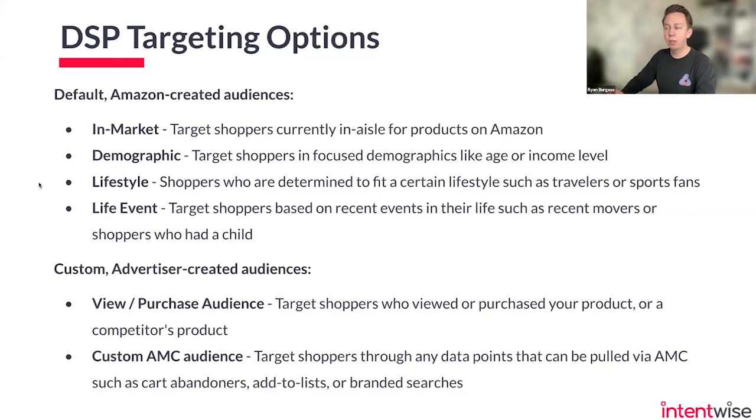They are shoppers determined to fit a certain lifestyle, such as frequent travelers or sports fans. I've even seen lifestyle audiences like fans of Harry Potter. It really just depends on what Amazon has enough information on in order to group people together into a lifestyle or in-market audience based on those behaviors.